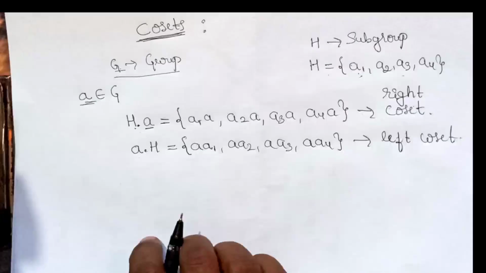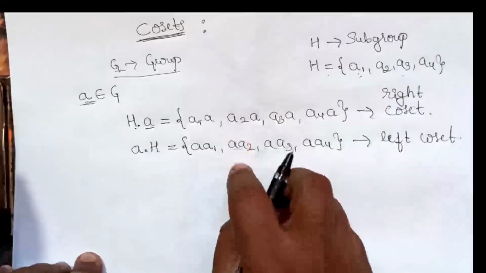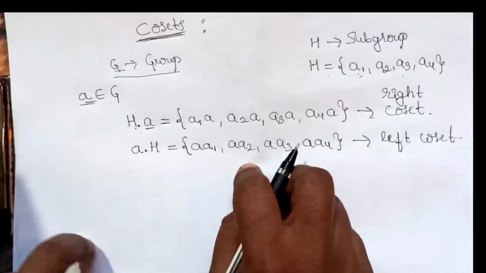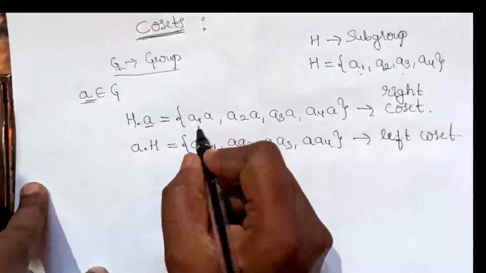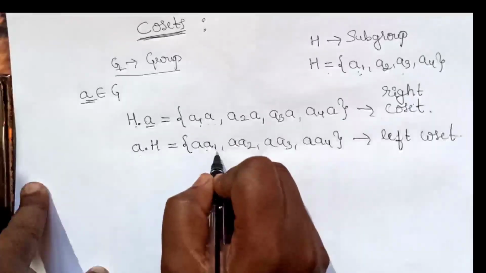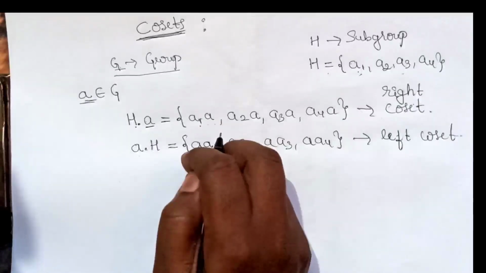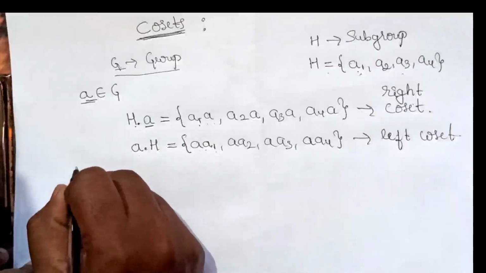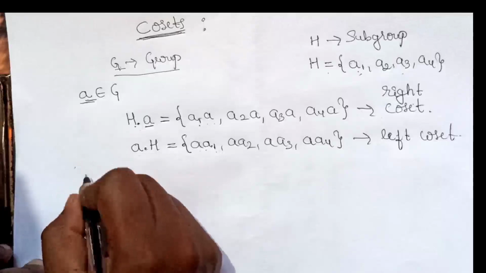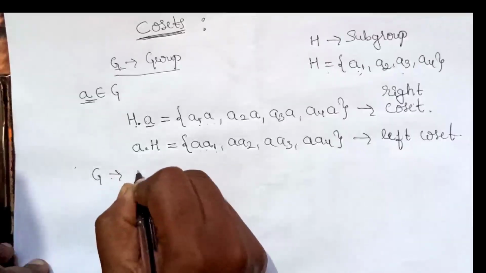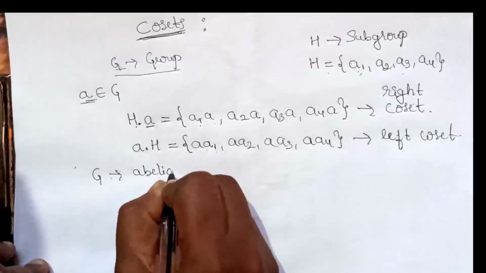You may ask whether these two sets are equal or unequal. Here a1 dot a and a dot a1 are different in many cases. So we recall the commutative law, or abelian group, or commutative group. What happens when G is an abelian group?